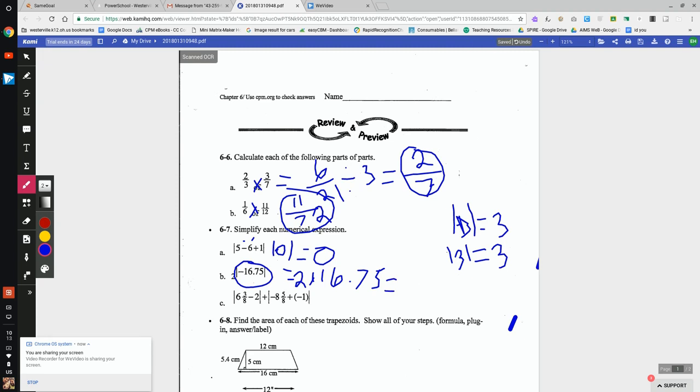Looking at it as mental math, 2 times 16 is 32. And then 3/4 times 2, I would have $1.50. So I add my $1.50 to my 32, which would give me 33.50.